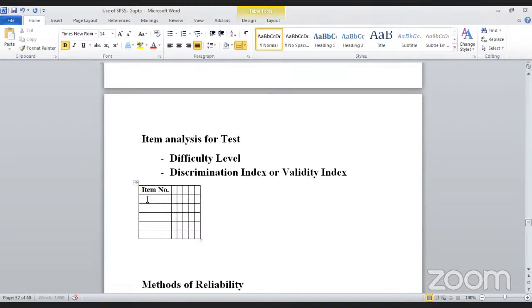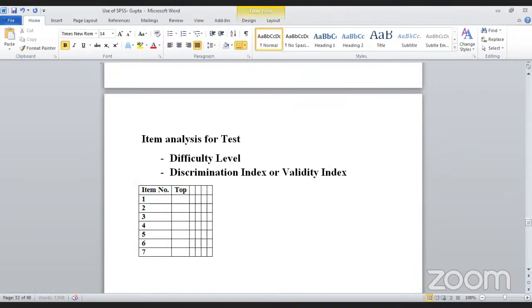So this is your first item. This is your second item, third item, fourth item, fifth item. You have sixth item. You have seventh item. Okay, like this you have. Now you have here the top 27%. And here you have bottom 27%.